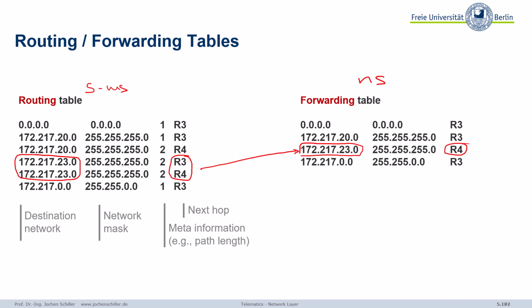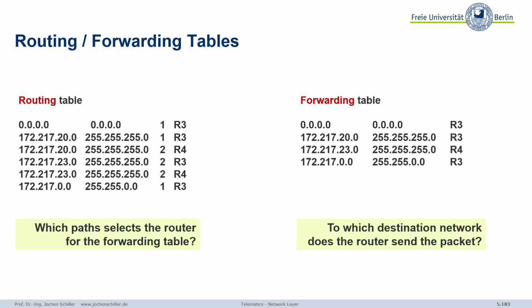So there are slight differences between routing tables and forwarding tables. Routing tables answer the question: which paths can we use to fill our forwarding table? The router can select a certain path based on certain criteria. The forwarding table is then used to decide to which destination network we really forward the packet.